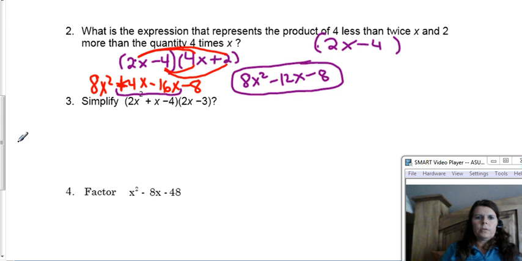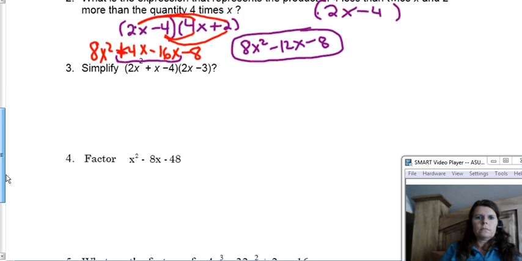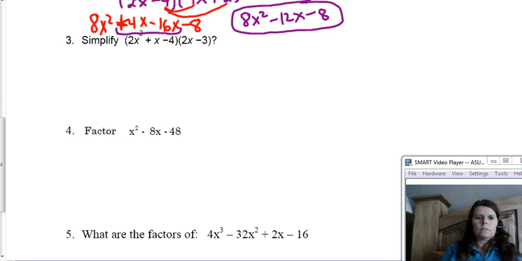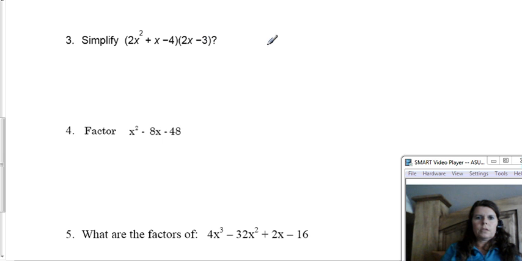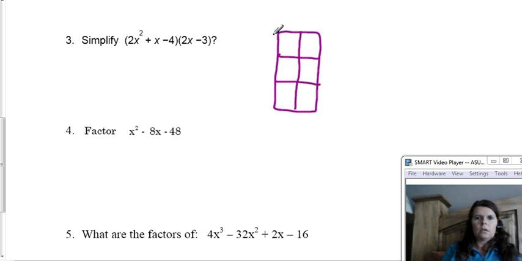Okay, number 3. Again, it's the same thing as what we just did, except you have 3 by 2. Now you can make a 3 by 2 rectangle to keep it nice and organized. And I'm just going to get you started on this way, but I'm not going to finish it, I'll let you finish it.